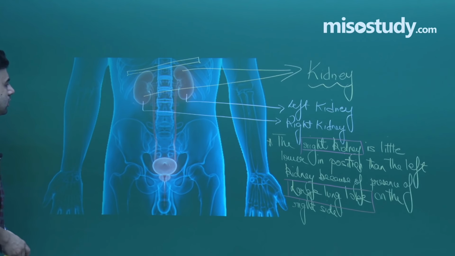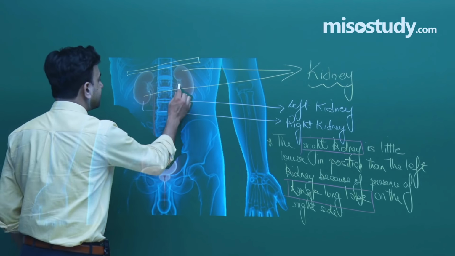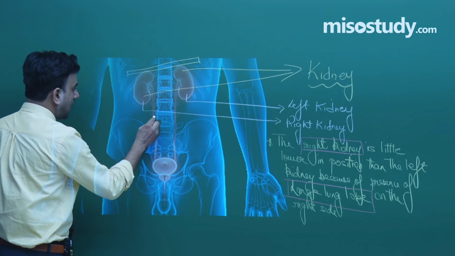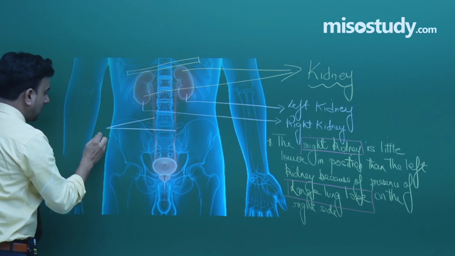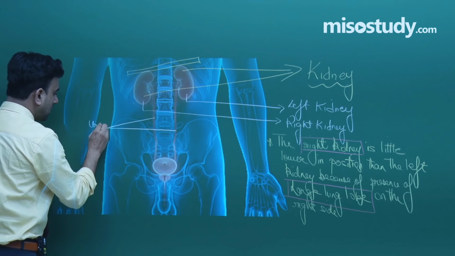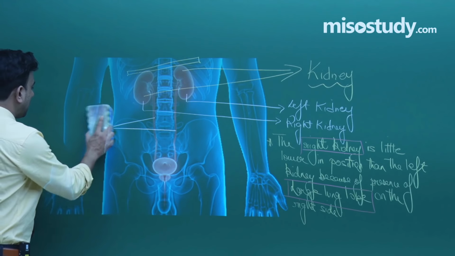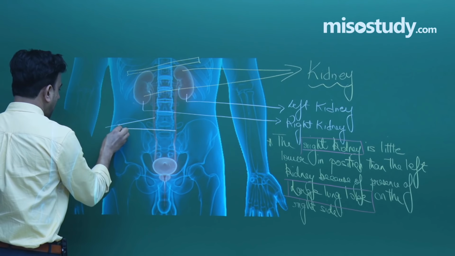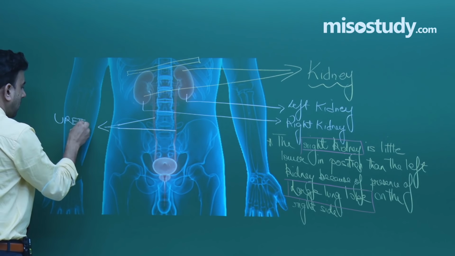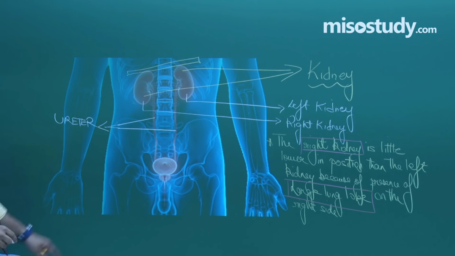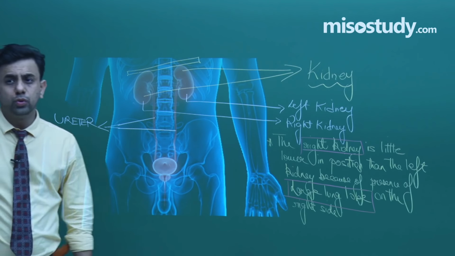Absolutely. Now we see that from the kidneys arise these two tubes, and these two tubes are called ureters. What are these ureters doing?